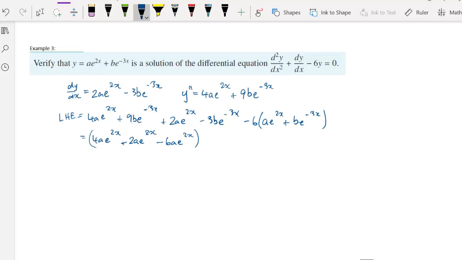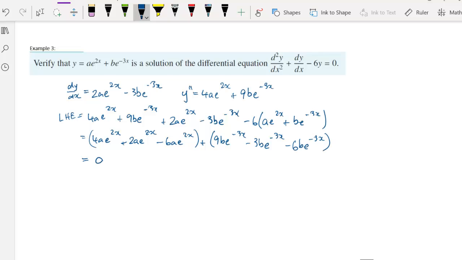So that's pretty clear, we've got none of those remaining. We have 9be to the negative 3x, subtract 3be to the negative 3x, and then subtract 6be to the negative 3x. And again, that's clear that that's going to be 0.